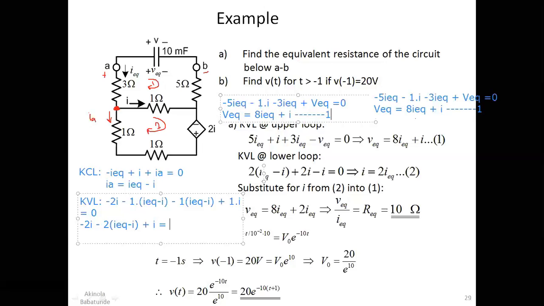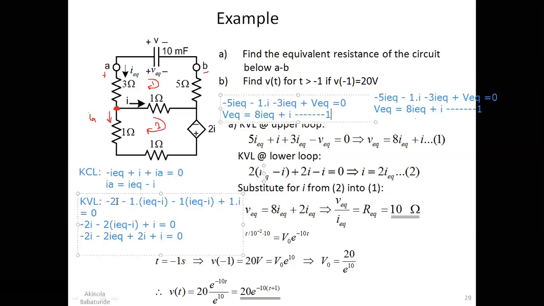Then this is going to be equal to 0. So with this in mind, you have minus 2I. If you expand that, minus 2IEQ, right? Then another minus 2, this becomes plus now, because if you expand that, it becomes plus 2I, then plus I, right? That would be equal to 0.